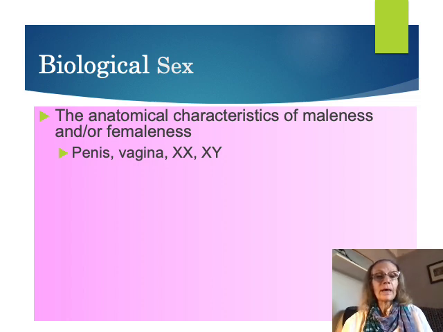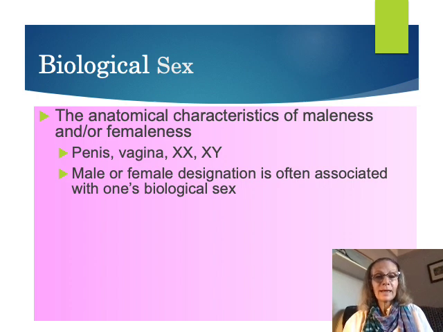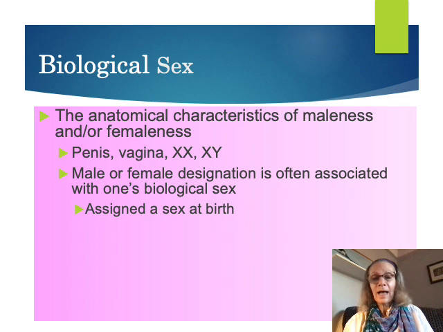And so when we think about biological sex, a person will get a male or female designation that's associated with your anatomical characteristics. You are assigned a sex at birth. So when the baby pops out, right, and you look at the baby and the baby has a penis and testicles, well, then it gets assigned male because its anatomical characteristics are those that are associated with biological maleness.